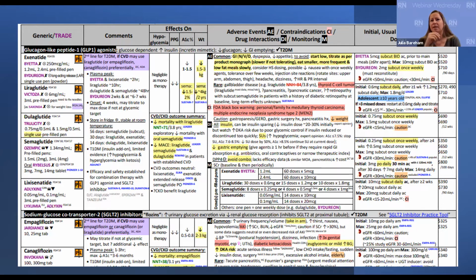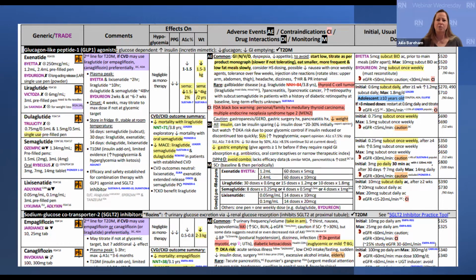So there's a little bit of information around that. Well, it might be only with liraglutide. It's mostly data in mice and rats. So is that a big concern? We're not too sure. But we do present other black box warnings there, as you can see. You might see some blue for some adolescent dosing and some tan over on the right to indicate you might want to be cautious in your older adults.